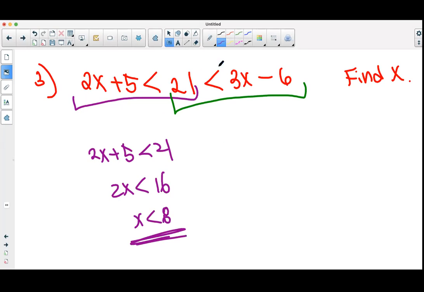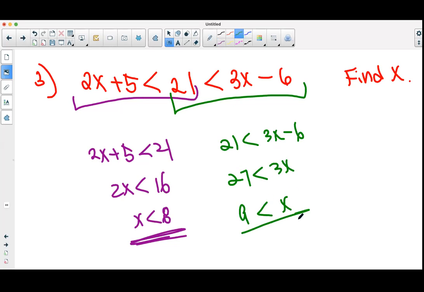So it has to satisfy this condition and another condition, which is right over here: 21 is less than 3x minus 6. What do I get, guys? When I add 6, I get 27. And then when I divide by 3, x has to be greater than 9. Oh, wait a minute, guys. Which number is less than 8 but greater than 9?